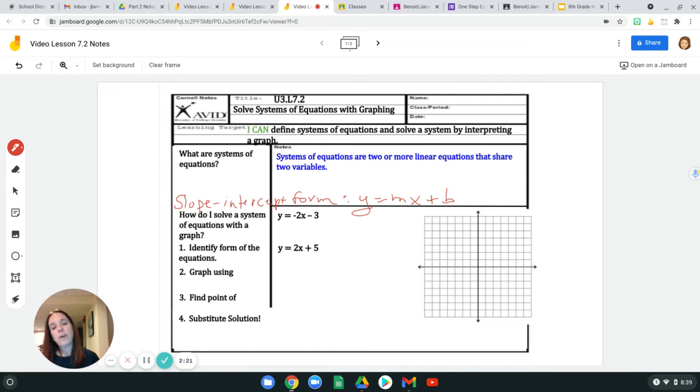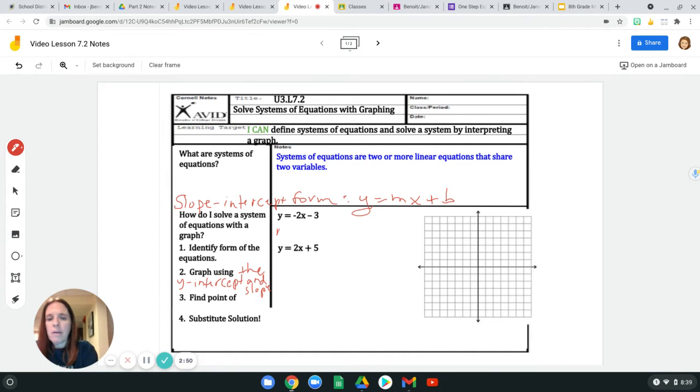So now that we know that they're in slope-intercept form, we're going to graph using the y-intercept and the slope. And we were practicing this a little bit before. All right, so in our first equation, we have y equals negative 2x minus 3.